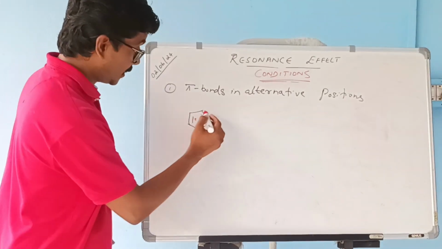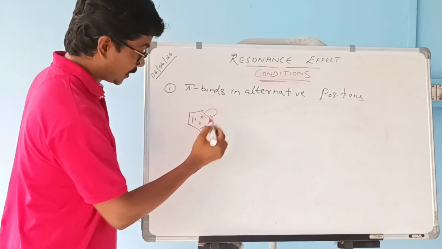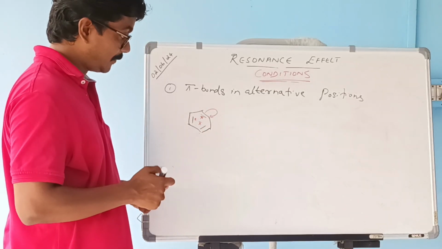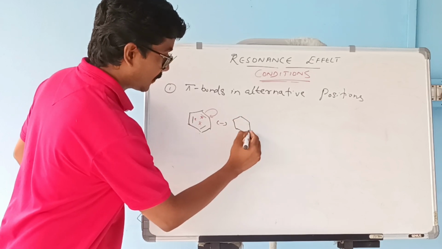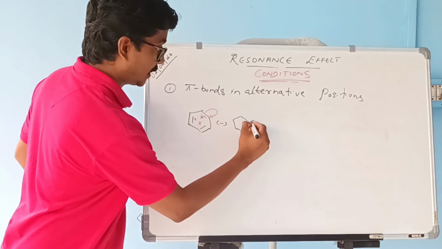What is going to happen? This pi bond shifts to the terminal carbon, and as a result we get a benzene ring with a negative charge.